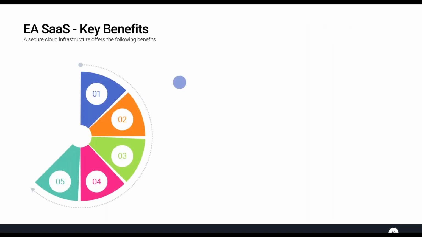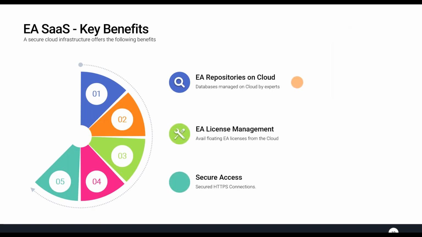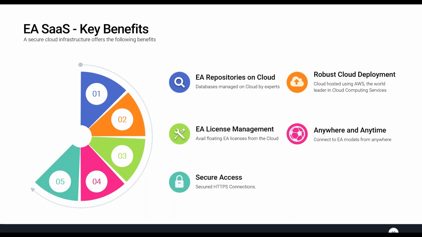And the key benefits that the EA SaaS deployment offers is all infrastructure required to get started with EA is centrally managed by the people who are really strong with the underlying nuances of EA repository, including backups and restorations and model maintenance and things like that.